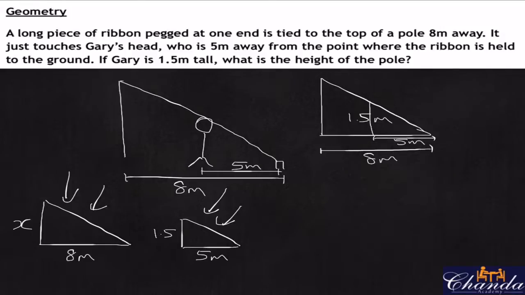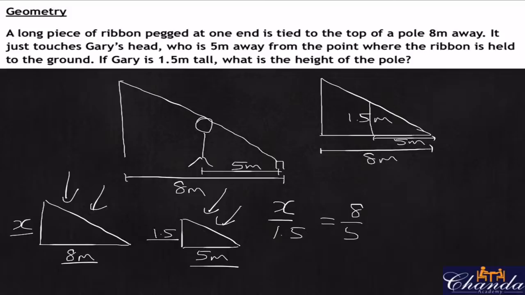So using that particular knowledge, we know that we have to use ratios in order to be able to work out what x is. So x over 1.5, so ensuring that we capture the same sides of the particular triangle, so x over 1.5 is equal to 8 over 5.